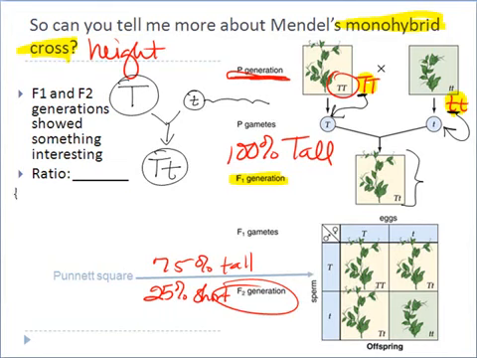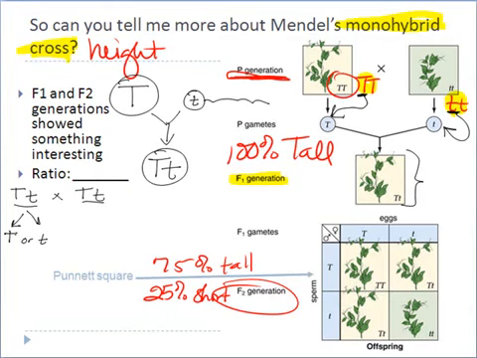Now if I take two of these heterozygotes and cross them together, which is exactly what Mendel did, something interesting happens. Again, these are diploid genotypes. This individual, when it undergoes meiosis, can make a gamete with a capital T in it, or it can make a gamete with a small t in it.